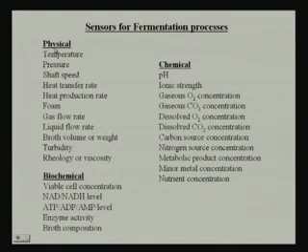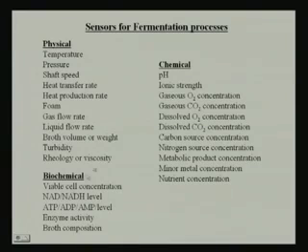Under the physical sensor, we can go for the temperature sensor, pressure, shaft speed, heat transfer rate, heat production rate, foam generation, gas flow rate, liquid flow rate, broth volume or weight, turbidity, rheology or viscosity sensors, and these are the parameters which influence the product generation and can be sensed in this automated reactor system.